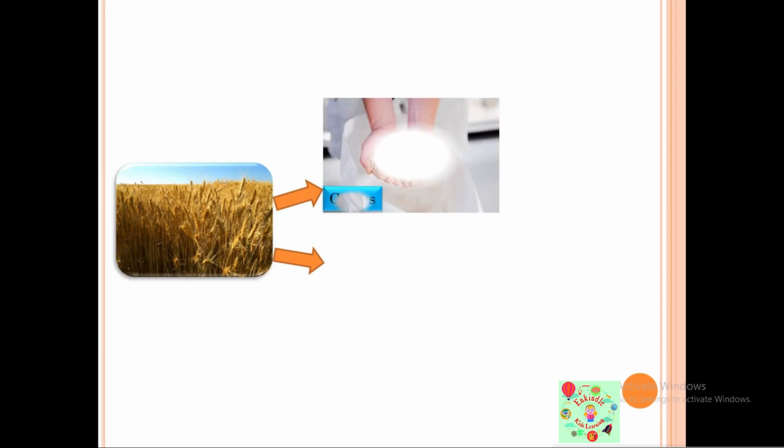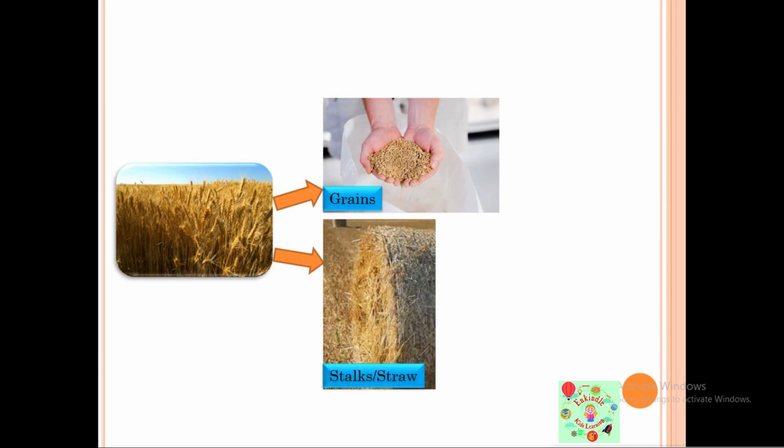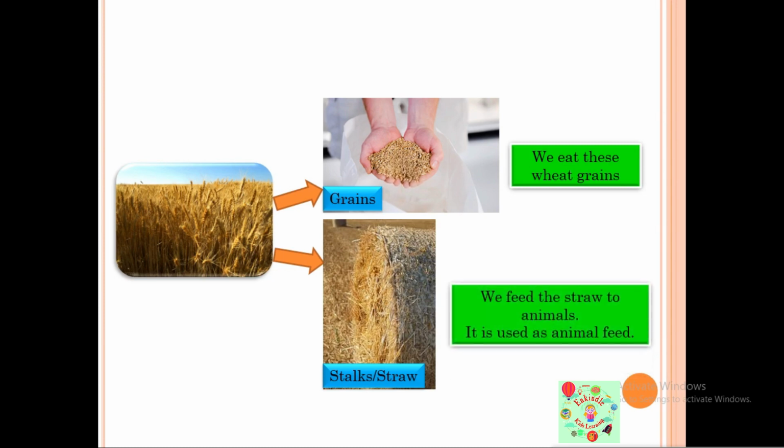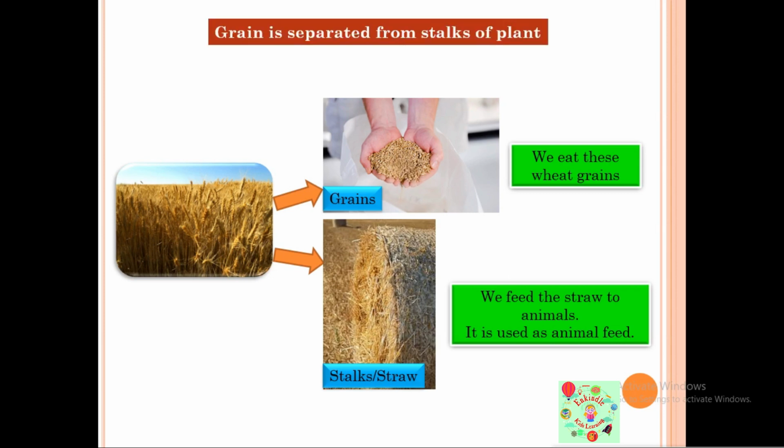After harvesting the wheat plant, we separate these grains from the stalks. Why do we do this? Because we eat these grains. By grinding them, we get wheat flour. And this stalk or straw is fed to animals. It is used as animal feed. This is how grain is separated from stalks of plant.